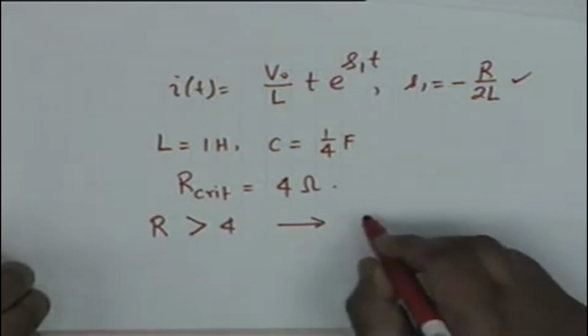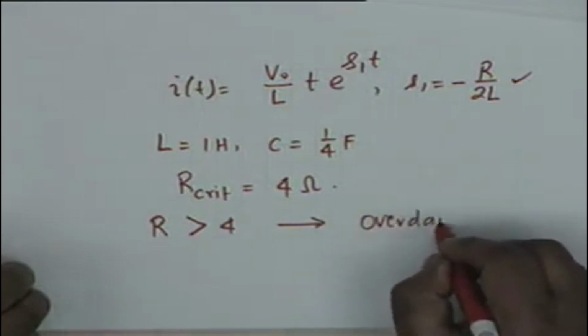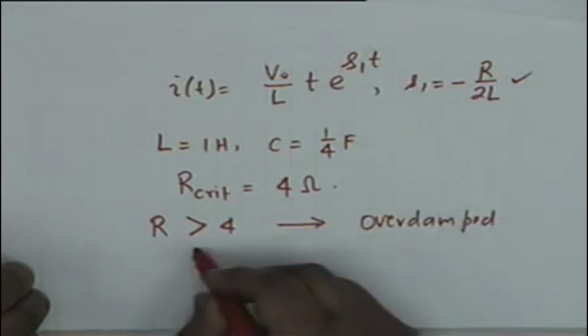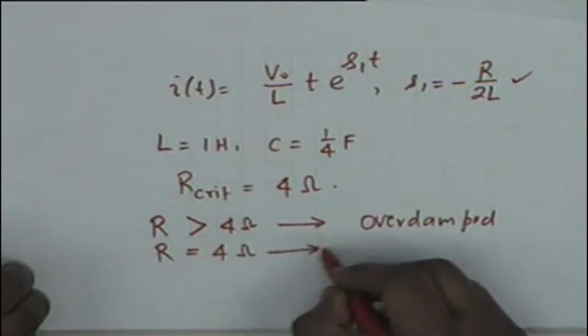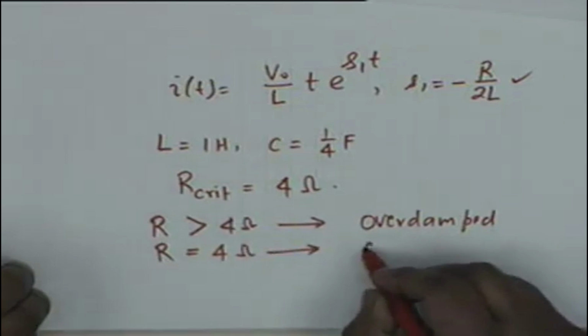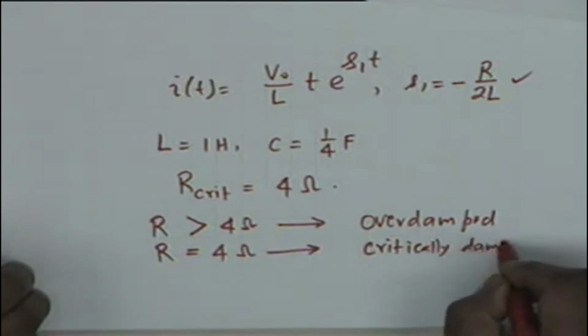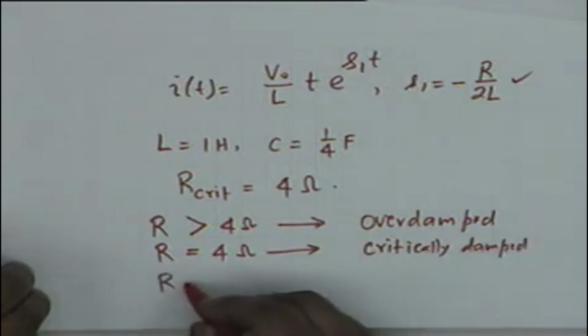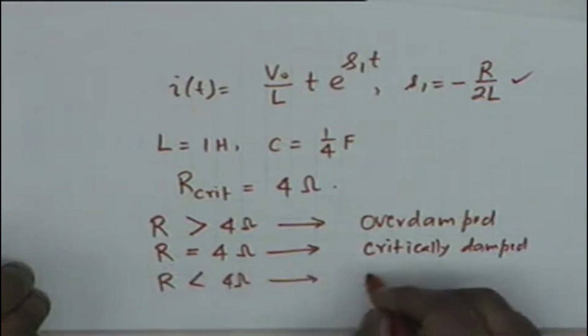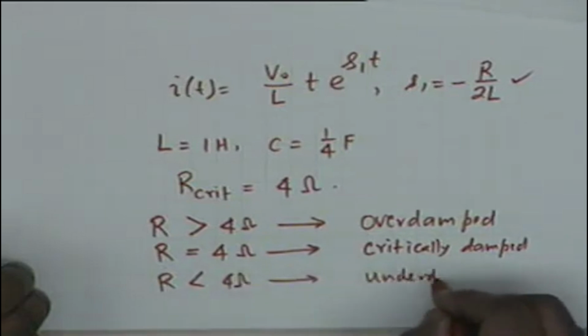Over damped. If R is equal to 4 ohms, of course, this corresponds to critically damped case, and if R is less than 4, then this is the under damped case.